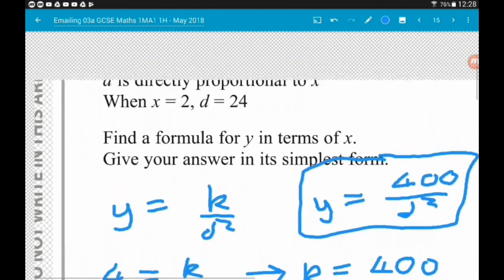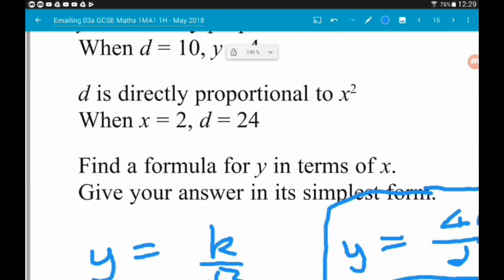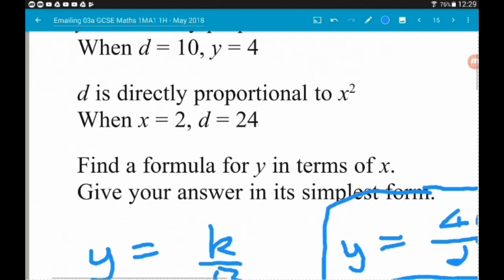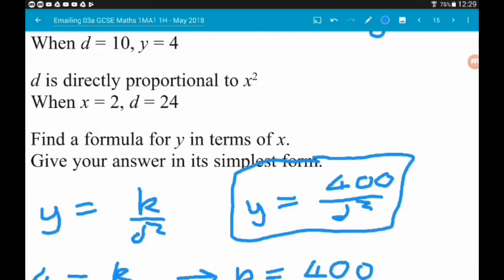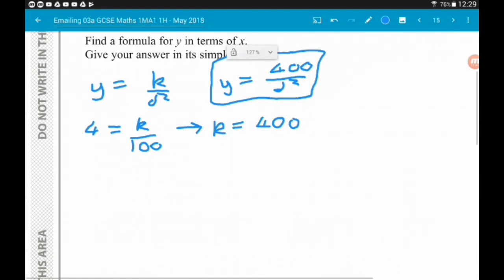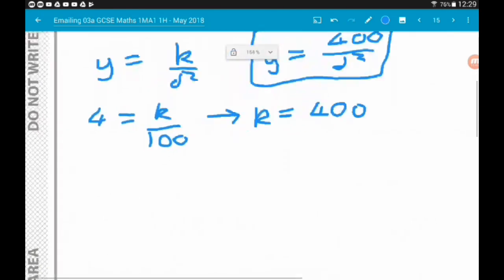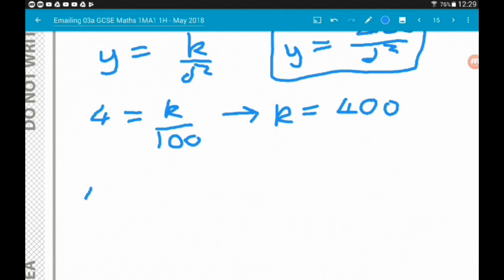Okay, now we'll have a look at the second proportion. So d is directly proportional to x squared. So in proportion notation, we can write d is proportional to x squared. Now the formula that we use there is d is equal to kx squared. So again now, we need to track down the value of k.